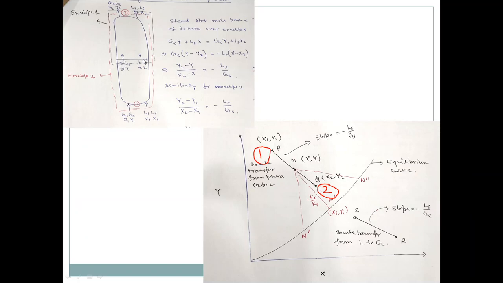If you take any point M in between, with coordinates x and y, and draw a line parallel to this, that will be the driving force for the liquid side, and if you take the vertical up to the equilibrium line, that will be the driving force for the gas side.